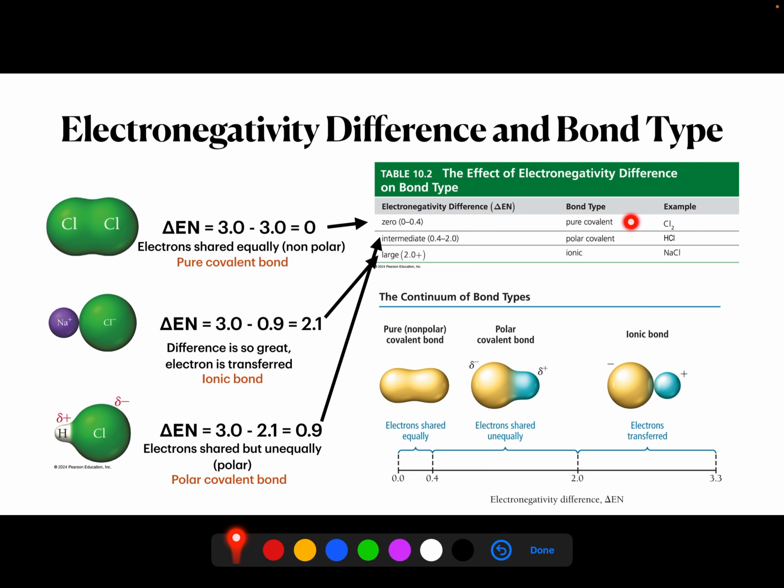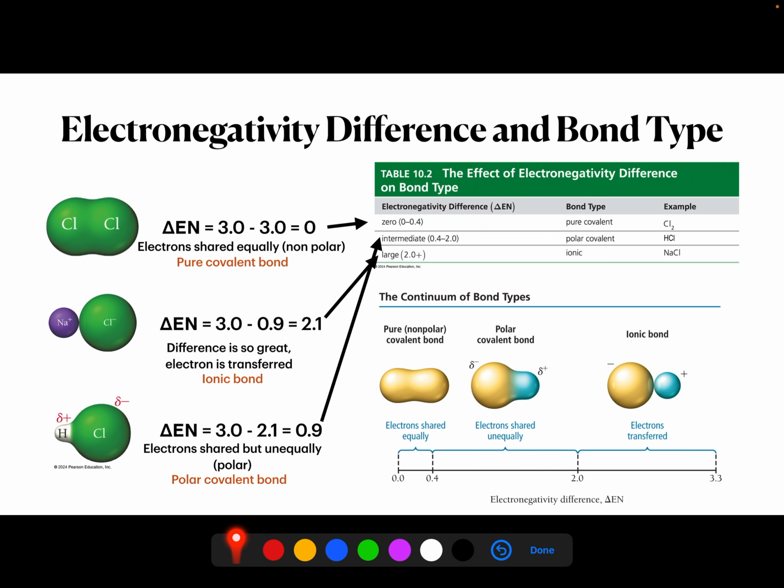It shows us purely covalent, which is also going to go by the name nonpolar. We have a type called polar covalent, so they're sharing electrons, but they're not sharing them equally. And then we have a bond type that we've seen before, where the electronegativity difference is so great that an electron's actually going to be transferred. It's not going to be shared, and we're going to result in an ionic bond.